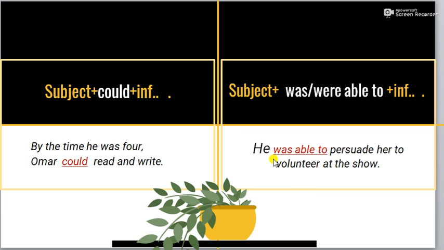Here, when I say he was able to persuade her, I mean he had the ability to persuade her to volunteer at the show. In this sentence, we can't use could instead of was able to, as we are talking about a specific occasion. Here we are talking about ability in a particular situation. Okay? These are some essential points. You have to focus on them.